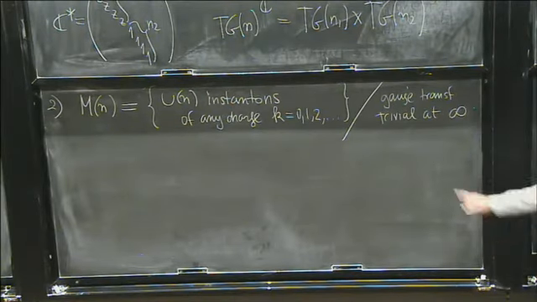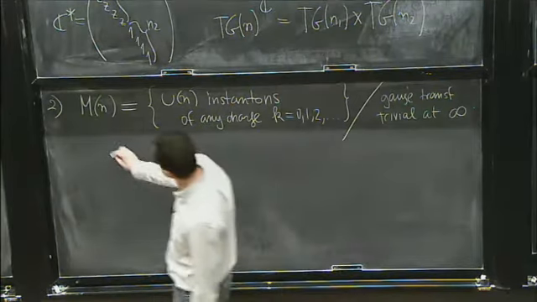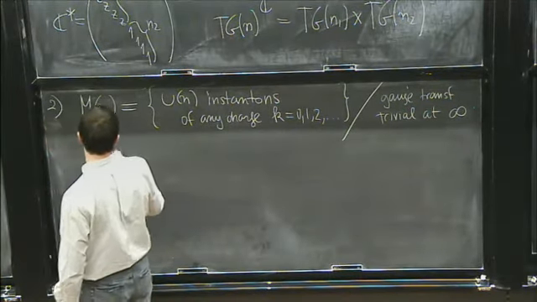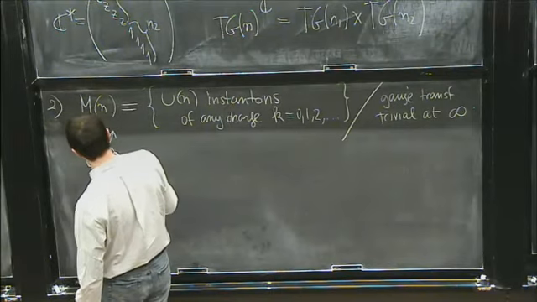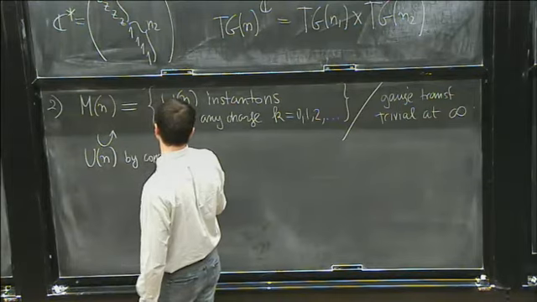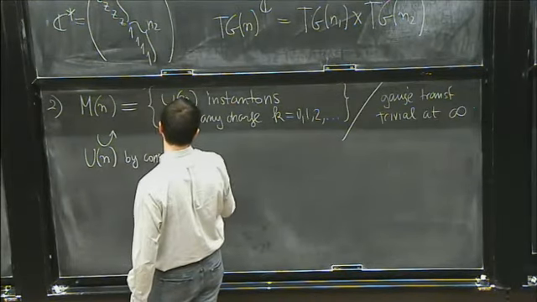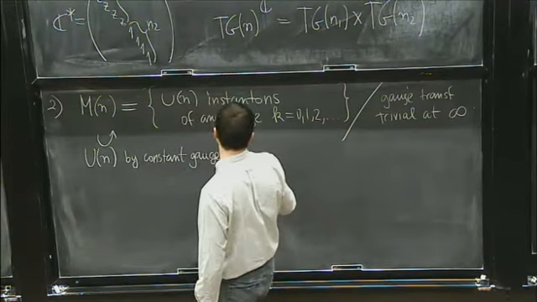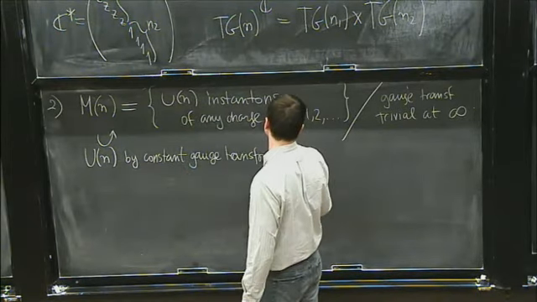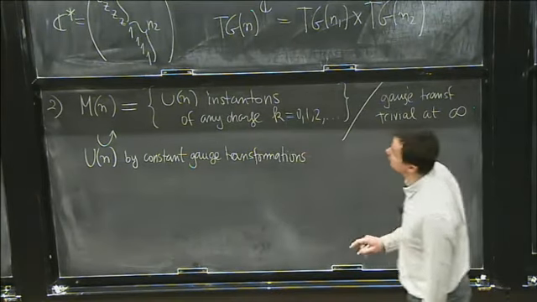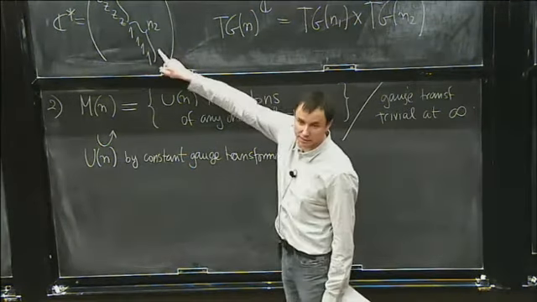And then there is a residual action on this space of constant U(N) gauge transformations. I can take that same torus in here.